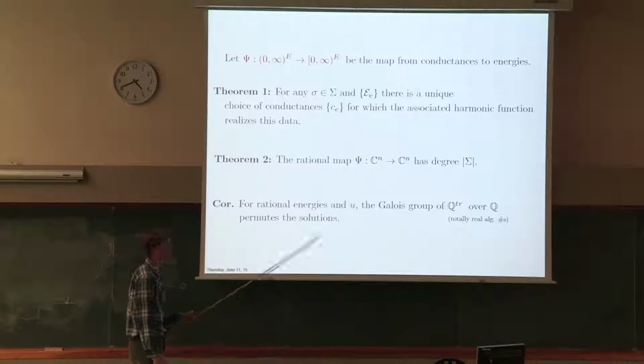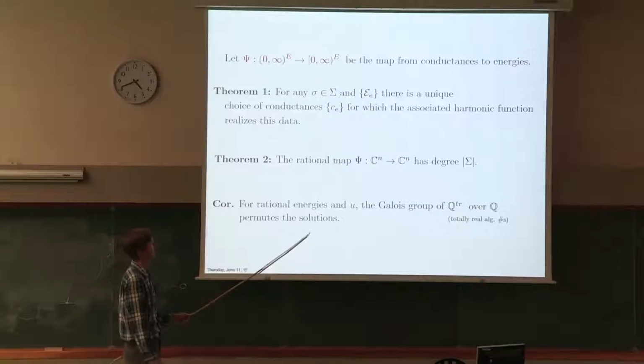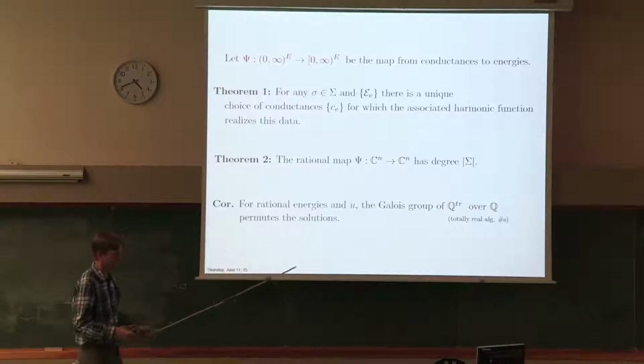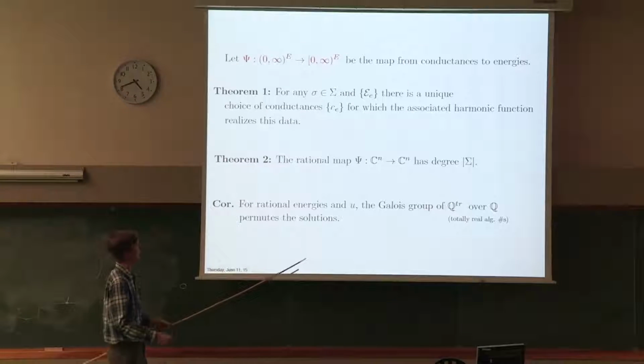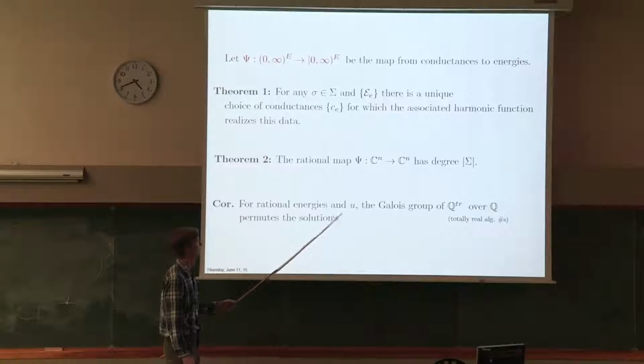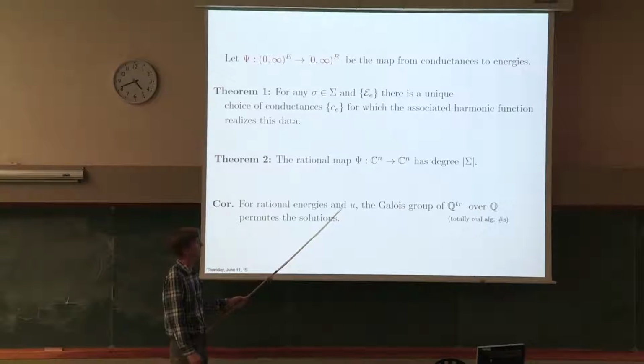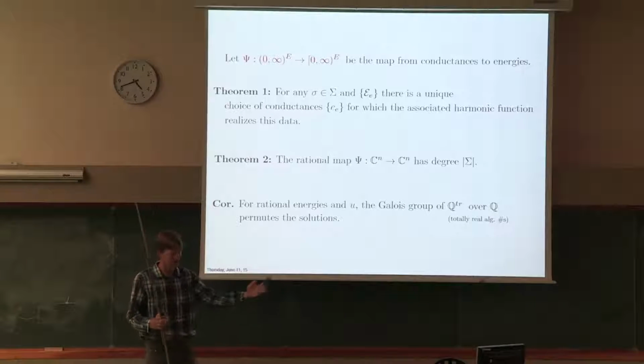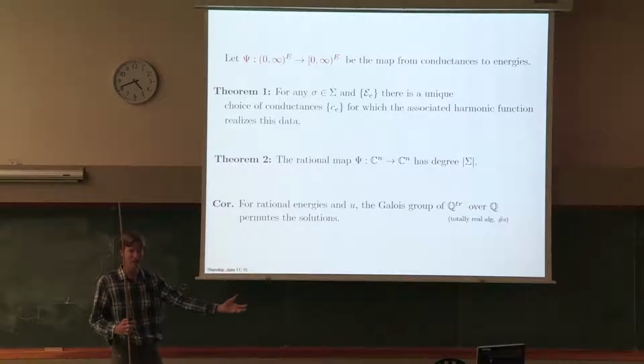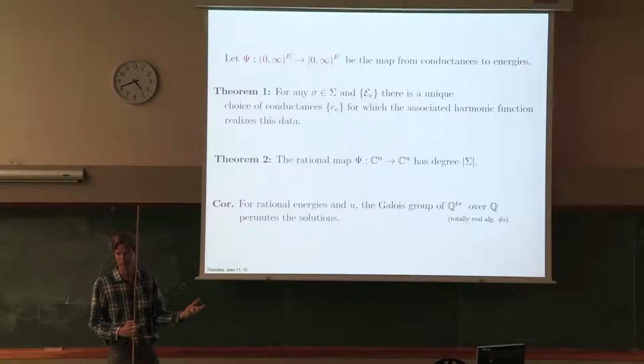Okay, and finally, for the number theorists in the audience, there's an algebraic or number theoretic consequence, which is that if the energies I'm looking for are rational and the boundary values are rational, then I'm inverting a rational map, so my solutions are all algebraic numbers.